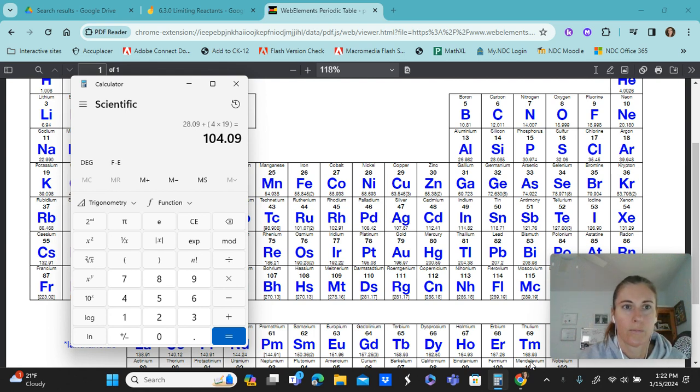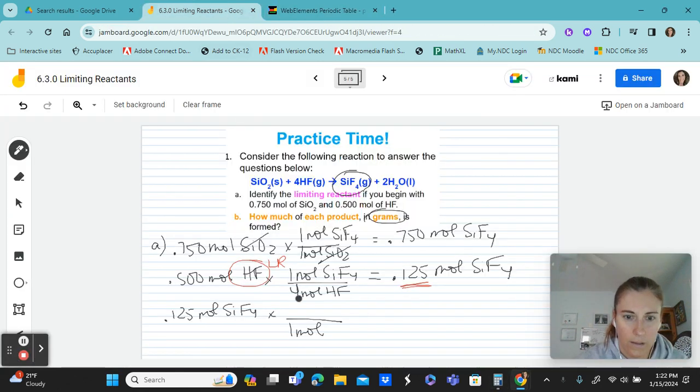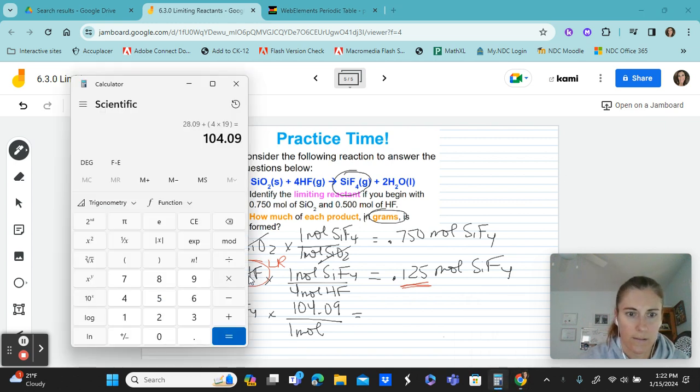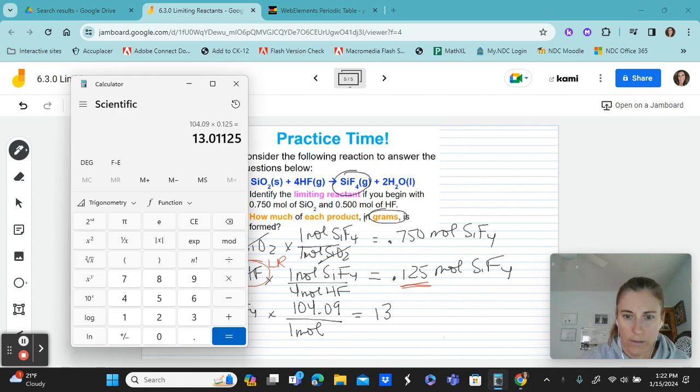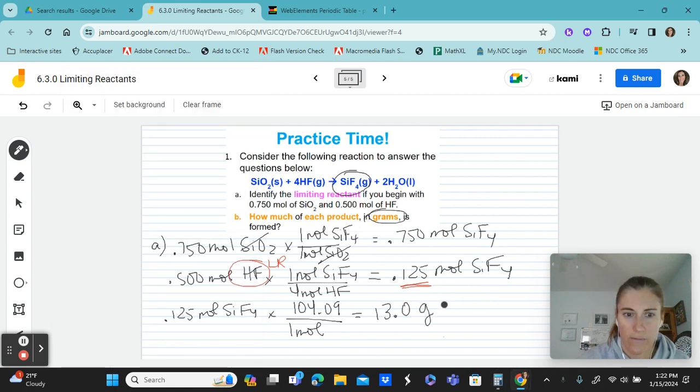All right, so 104.09. So if I multiply 0.125 by that, I get 13.0 grams of SiF4. Okay, this is one of my answers, so I'm going to box it.